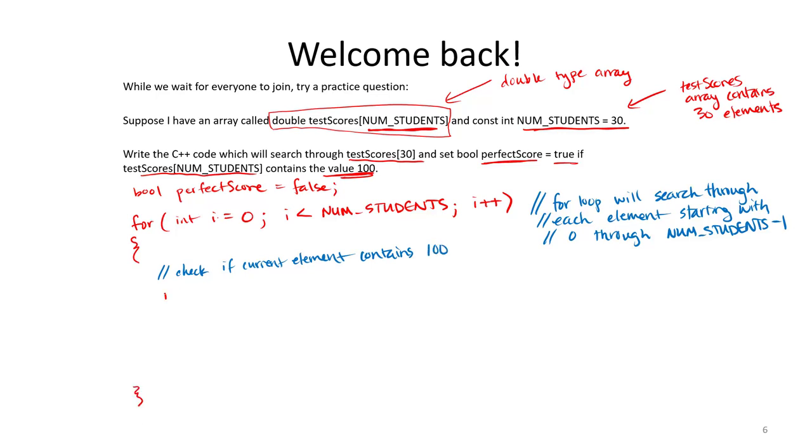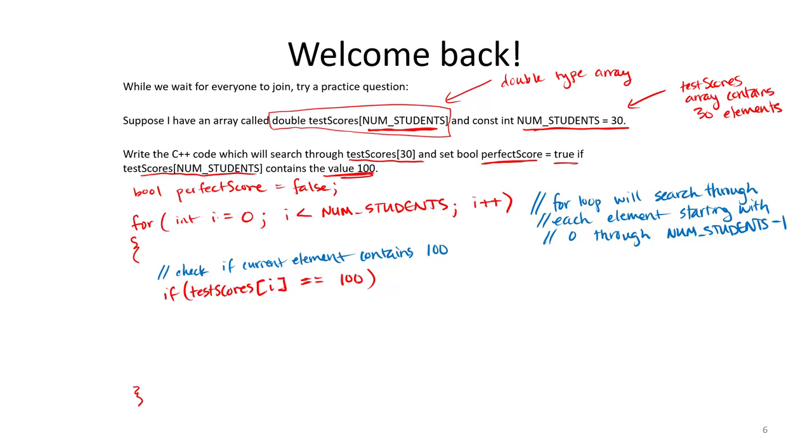What we'll do is we'll write if test scores element I double equals 100. Remember, we need to use double equal here because we are comparing test scores element I with the number 100.